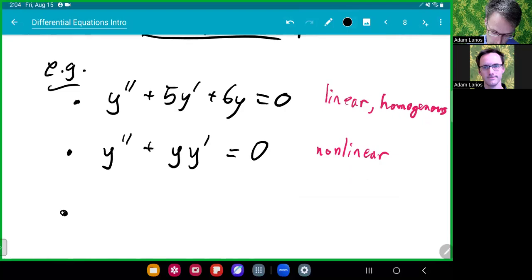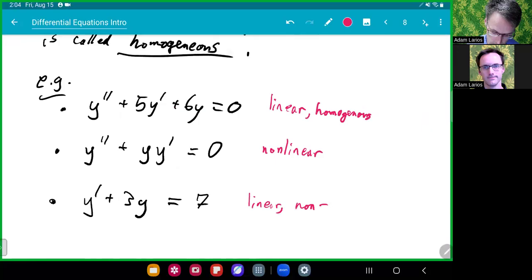All right, let's do something non-homogeneous, and this isn't too bad. Maybe something like y prime plus 3y. So far, that's linear, but if I put that this is equal to 7, this is linear, but non-homogeneous. Or we just say not homogeneous if we like.